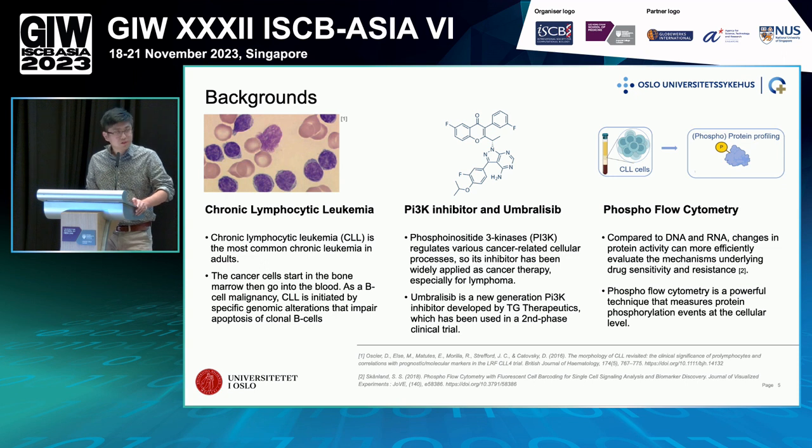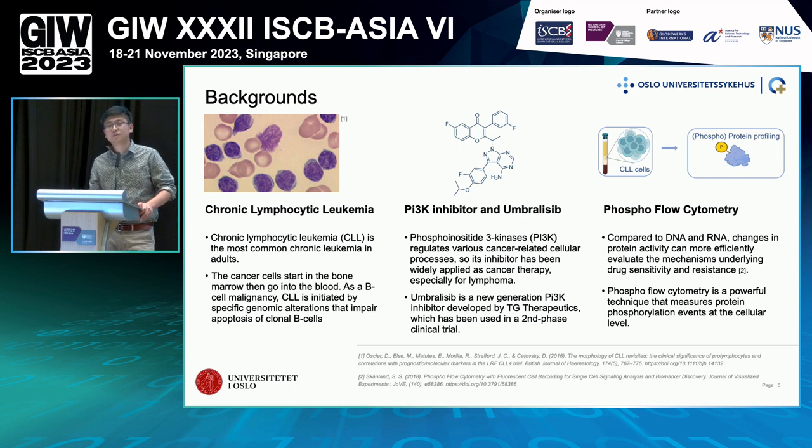Since this is a prediction project, and this is a computational biology conference, you will wonder what kind of data we are using. I'm not sure if you are familiar with phosphoflow. It is a kind of proteomics data, but unlike other proteomics data, it does not measure the expression of protein.